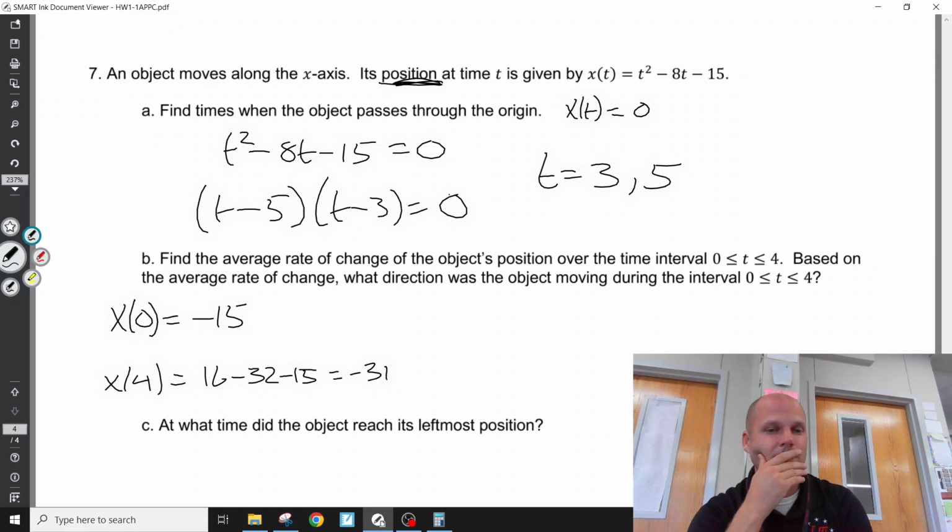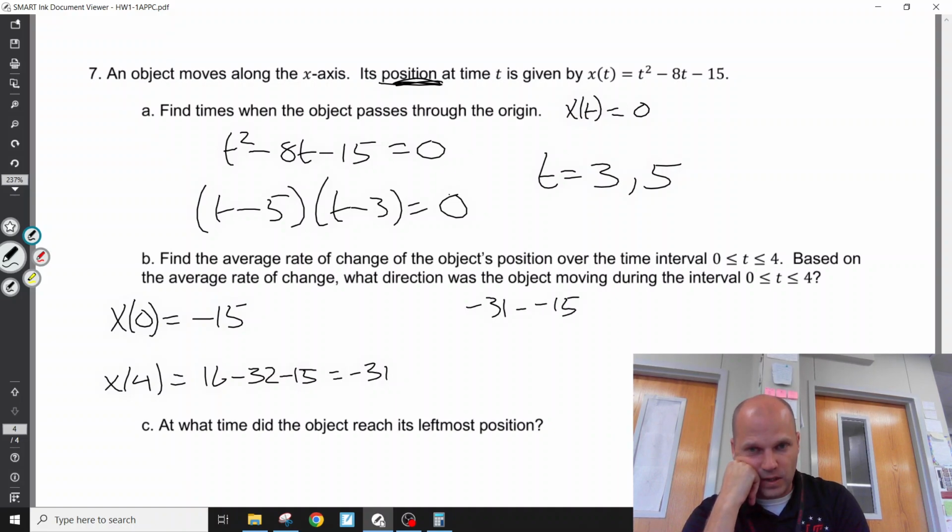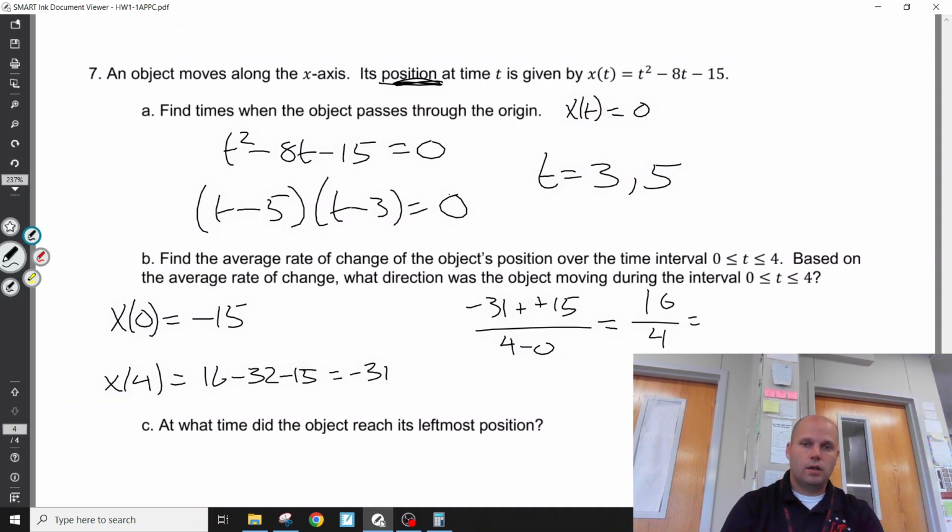Okay. So I started at -15. I ended up at -31. -31 minus -15 shows me that I am decreasing by 16. That's a -16.